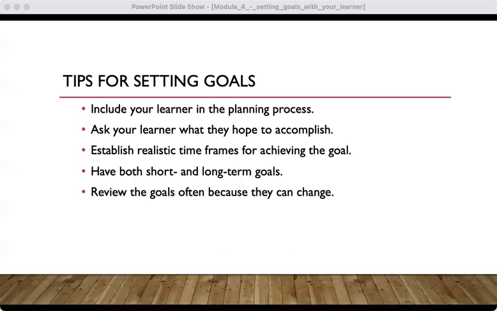When we say establish realistic timeframes, I'm going to expand on that for just a moment. If we have a new learner whose goal it is to read a book, but you are starting at the very beginning with learning the alphabet, well, you're not going to be able to get there in 3 months or 6 months, and it would be unrealistic to have the learner think that that is going to be achievable.